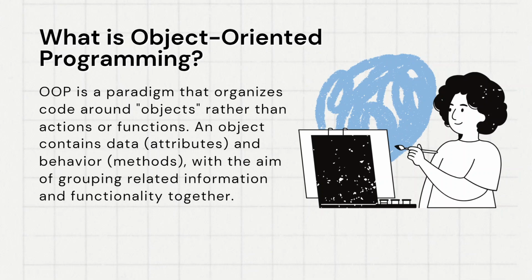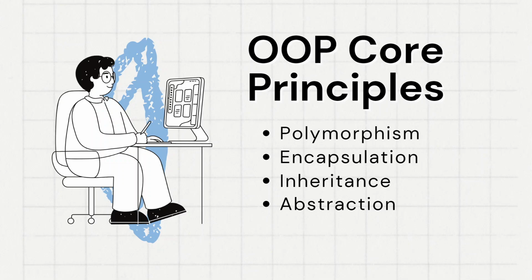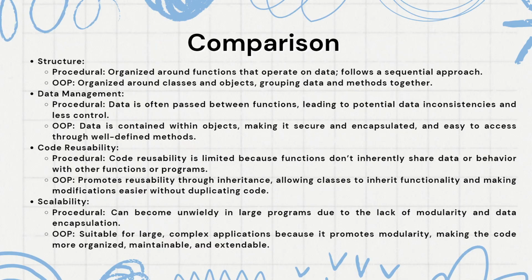An object contains data, which we call attributes, and behavior, or methods, with the aim of grouping related information and functionality together. These are the core principles of object-oriented programming: polymorphism, encapsulation, inheritance, and abstraction.